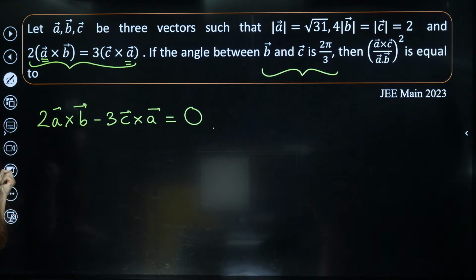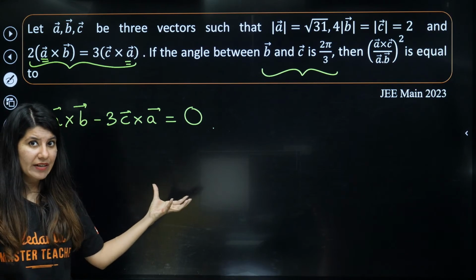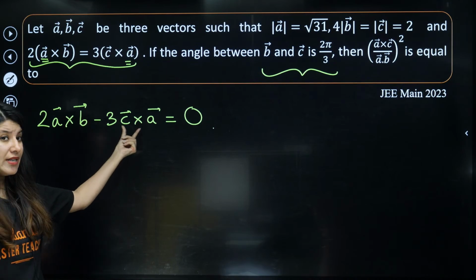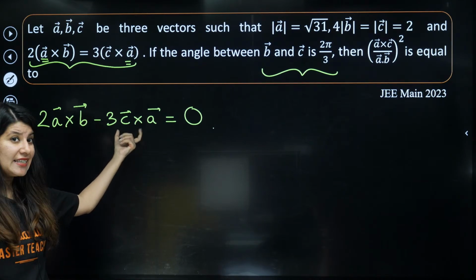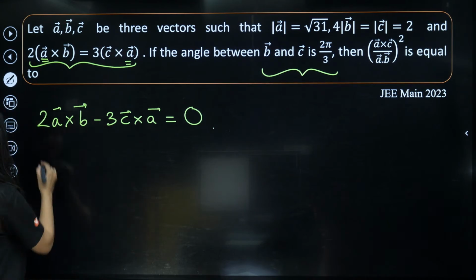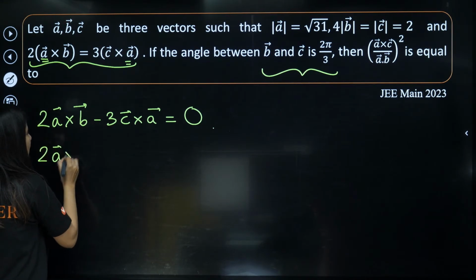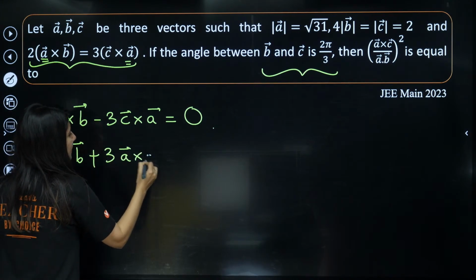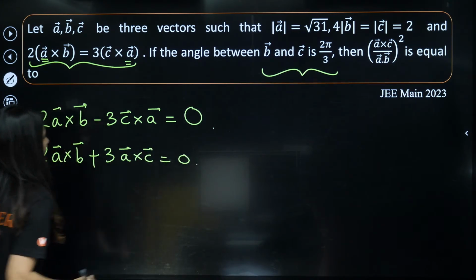I want A vector to be out, but we can't take A vector out like this. So rather than writing C cross A, just apply the property, reverse the order, and you will get 2A cross B plus 3A cross C is equal to 0.